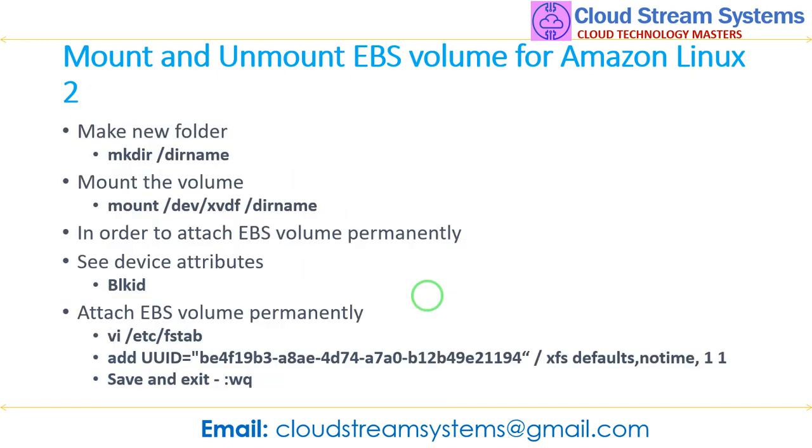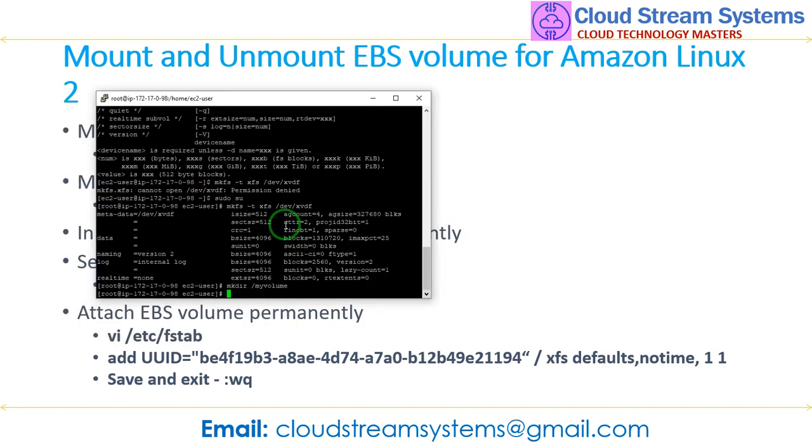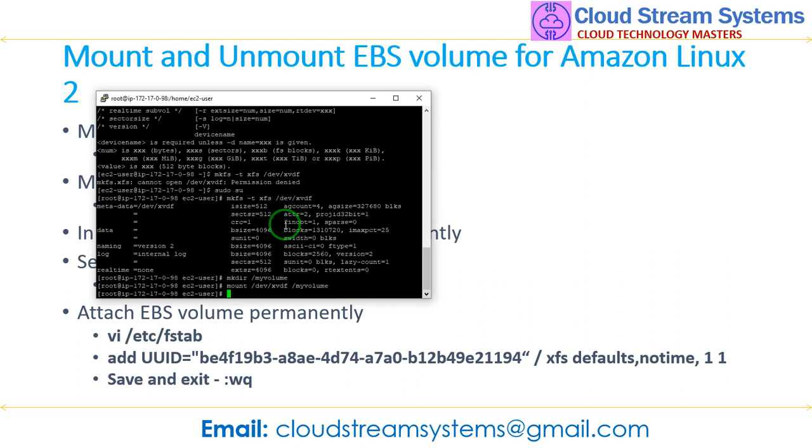So in order to mount this device to your volume, again, this is the command you have to perform. So mount, what is the block device? /dev/xvdf, myvolume. Okay, it's done successfully.